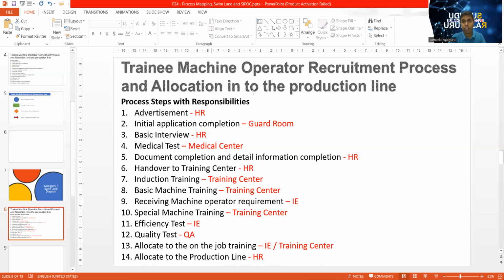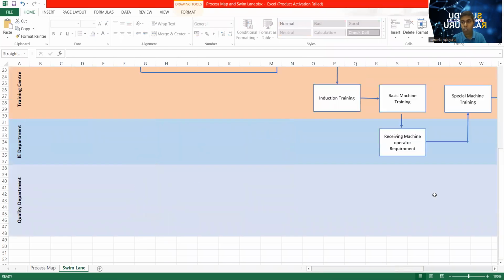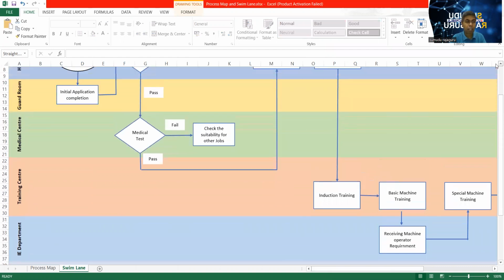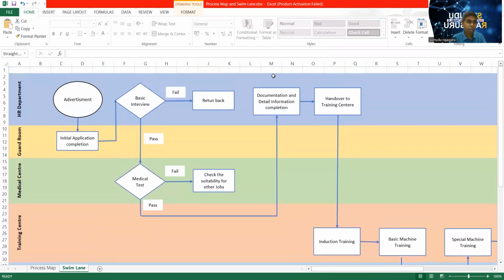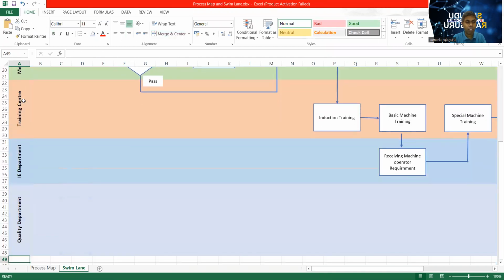So we'll move to see that swim lane diagram. Okay. Now you can see this is the swim lane diagram. Here, when we draw the swim lane diagram, first we have to mark the responsible departments. So HR department, you can see here, guard room, medical center, training center, then IE department, quality department.